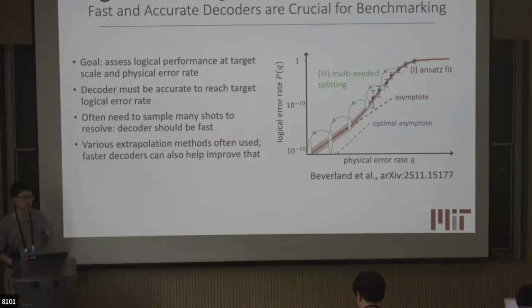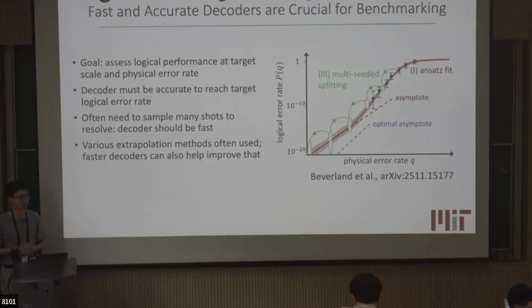But many times it's hard to know whether you can fully trust that extrapolation. Sometimes there are trapping sets or error floors that you don't see until you get to the very low physical error rate regime. So I think it's very important to directly benchmark this, and if possible, one should avoid extrapolation.